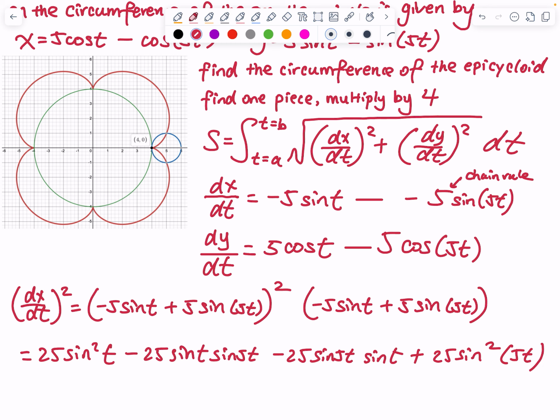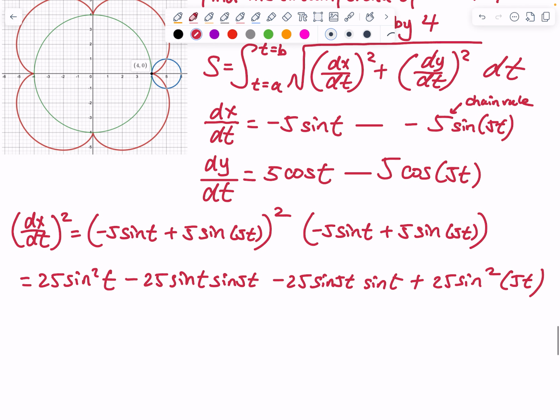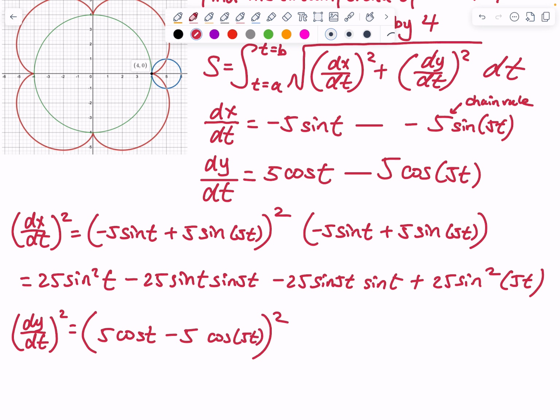Okay, sine squared 5t. Now let's do the (dy/dt) squared. That is equal to dy/dt, which is 5 cosine of t minus 5 cosine 5t, and then squared. Let me erase that so it won't confuse you when you review the notes.